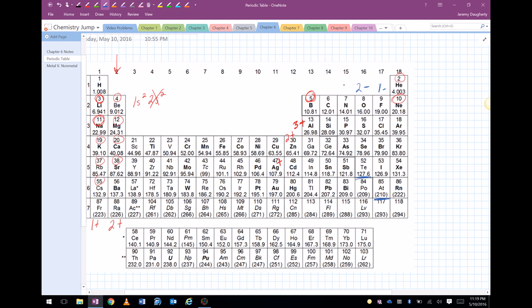Now, the nitrogen group is going to be 3 negative. And that's really only nitrogen and phosphorus. We don't really see arsenic participating like that. And that's it. Those are the ones that you have to have memorized for right now. So group 1 is positive 1, group 2 is positive 2, aluminum is 3, zinc is 2, silver is 1. Then over here, group 17, negative 1, group 16, negative 2, group 15, negative 3.